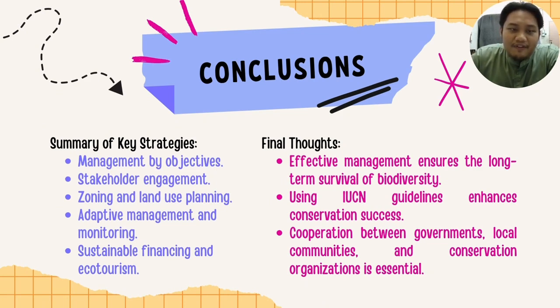Management by objectives, stakeholder engagement, zoning and land use planning, adaptive management and monitoring, and sustainable financing and ecotourism are the key strategies for protected area management to meet the objective of a management plan.